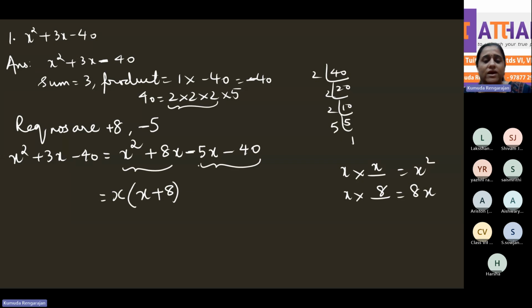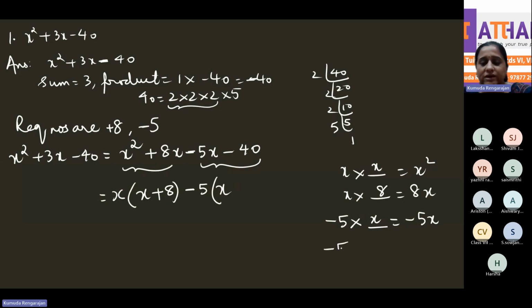Put this minus sign down as it is. Between 5 and 40, 5 is common. Open a bracket. Minus 5 into what will give you the third term, minus 5x? It'll be x. So that's what is here.